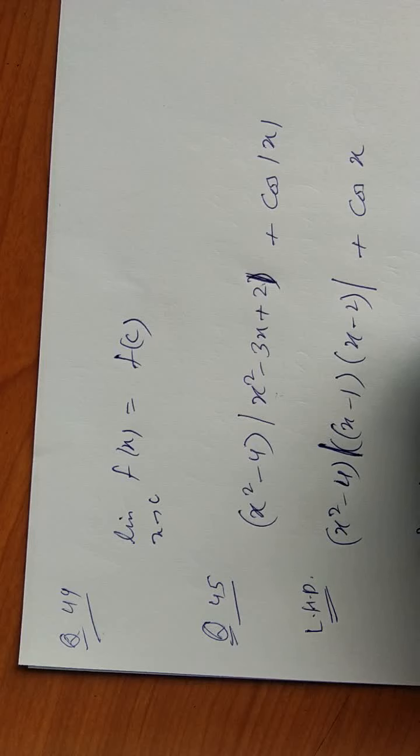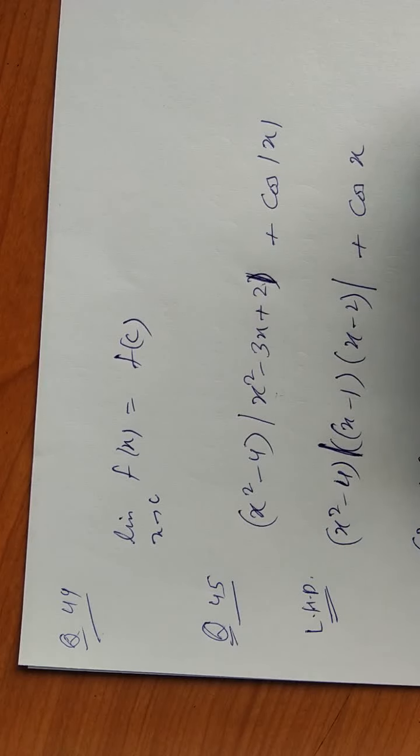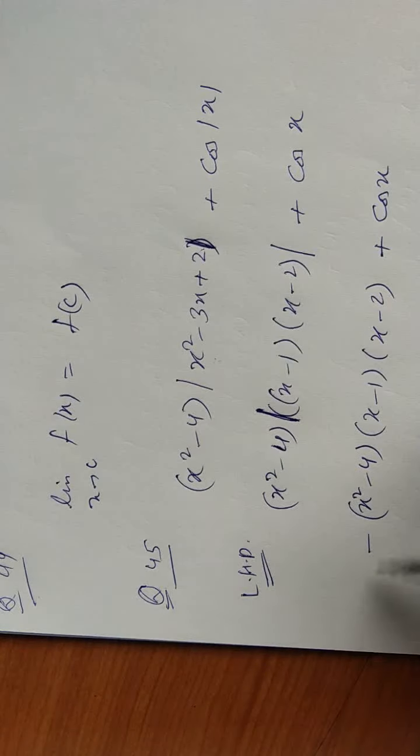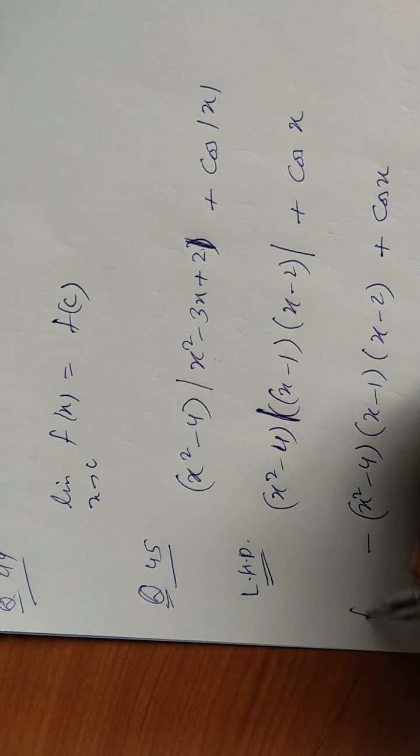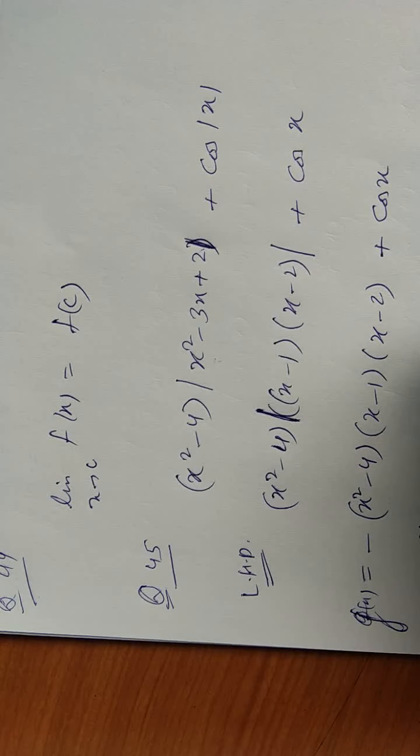So x square minus 4, x minus 1, x minus 2 plus cos x. Differentiate this. Let's assume this as g(x). So g dash x at x is equal to 1, find the value.